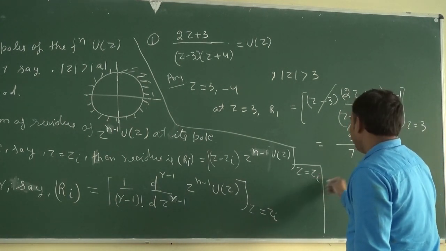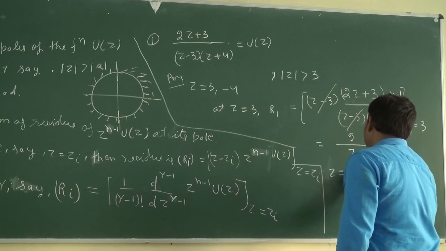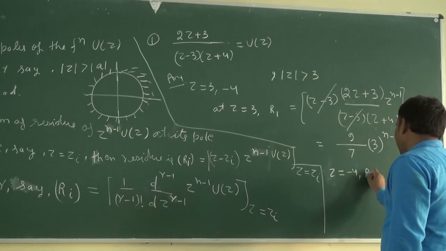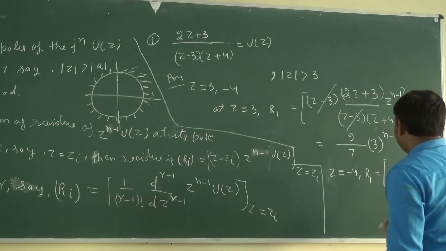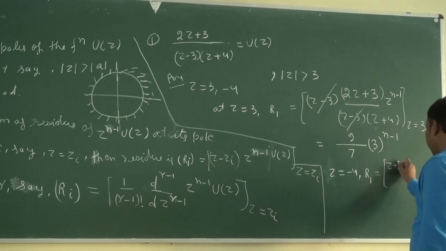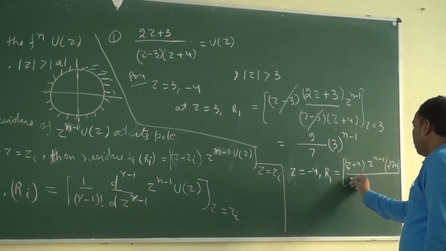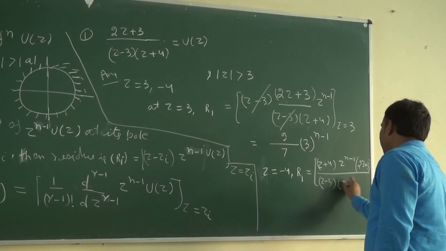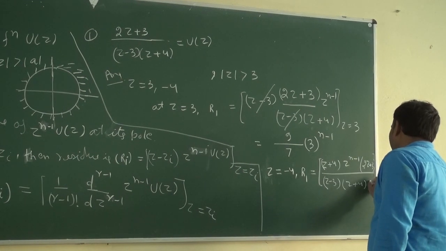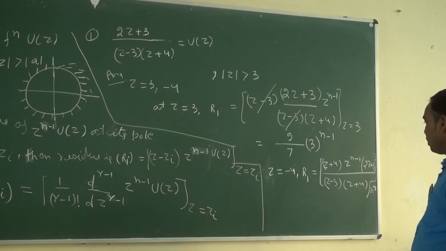Now for the second residue, at Z is equal to minus 4, say residue R, we can write simply (Z plus 4), here (Z minus Zi), so (Z plus 4) and you know Z to the power n minus 1 into (2Z plus 3) upon (Z minus 3)(Z plus 4) at Z is equal to minus 4.